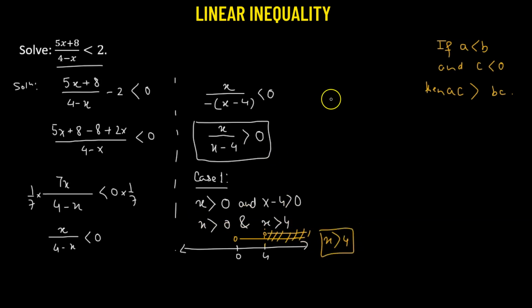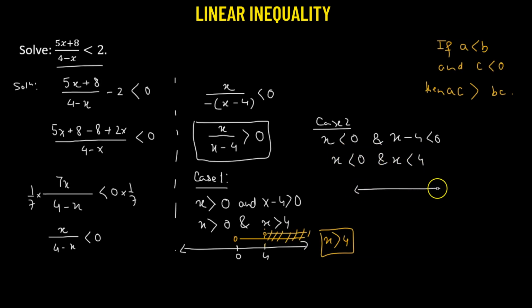Then we go to case number 2. In case number 2, we consider both the numerator and the denominator to be negative simultaneously, that's why we are using an "and" here. Then x − 4 is also less than 0, so we have a negative number divided by a negative number, which makes it positive. Solving this, we have x < 0 and x < 4.